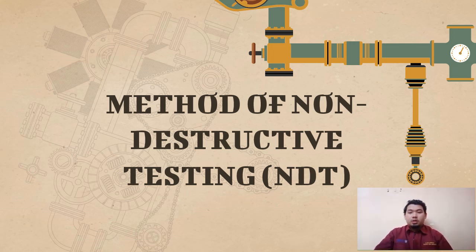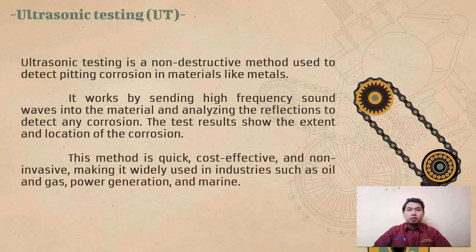Okay, the next slide is the method of non-destructive testing. For NDT, I will use sonic testing, a non-destructive method used to detect pitting corrosion in materials like metals. It works by sending high-frequency sound waves into the material and analyzing the reflection to detect any corrosion.